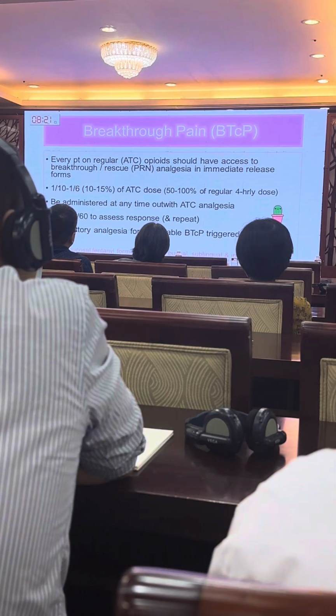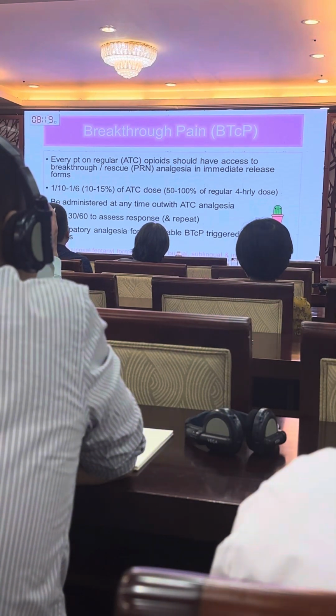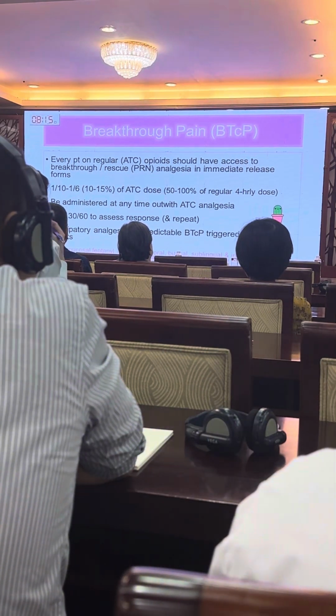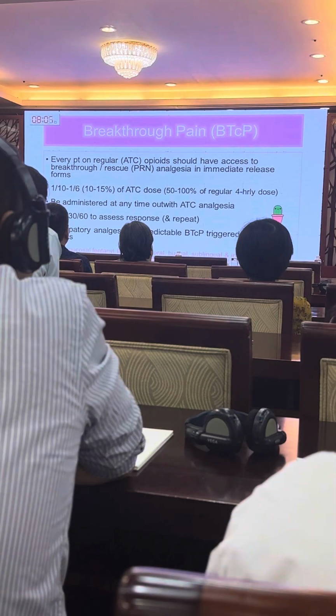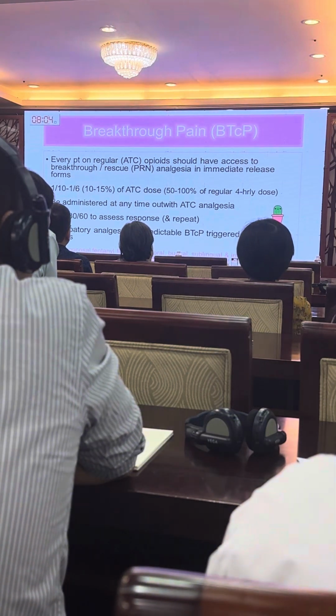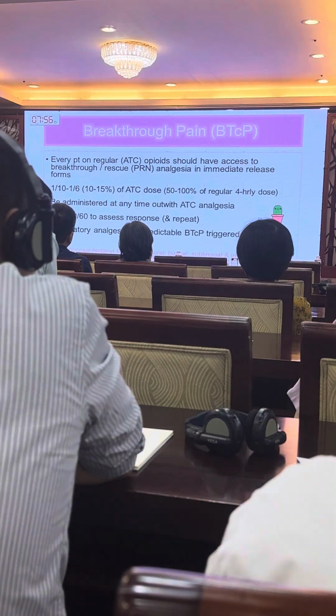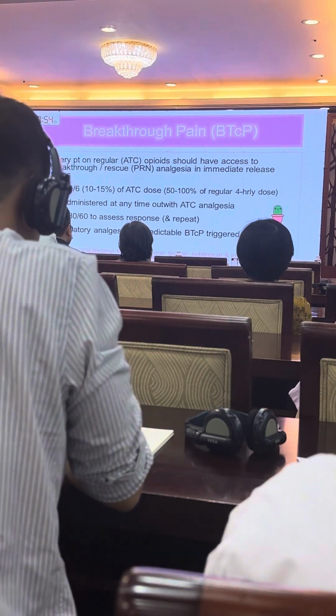For breakthrough pain, it's very important to maintain the therapeutic plasma level to prevent persistent pain, and we have to be ready to give PRN doses at any time when patients have more pain. The dose of the rescue morphine is calculated along with the dose of the around-the-clock morphine.